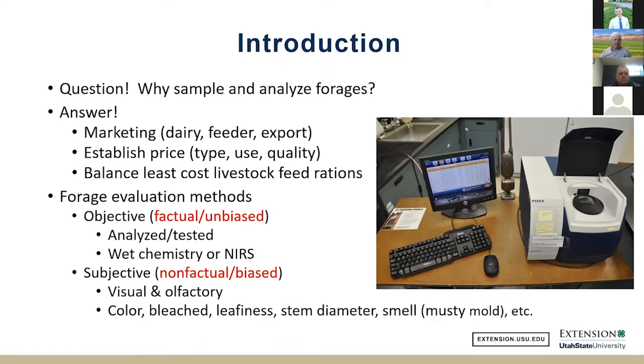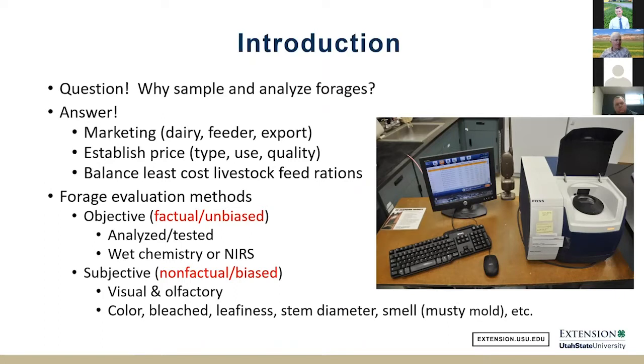But again, as we approach thinking about sampling and evaluating forages, there are two primary methods: the objective method, which is an analyzed or tested method, a factual evaluation method. This is done primarily on forages by wet chemistry methods or by near-infrared spectrophotometry, or NIRS.